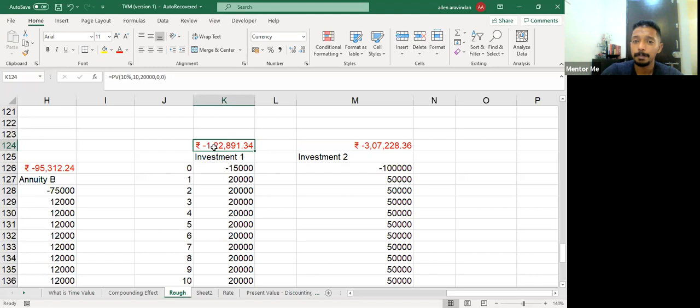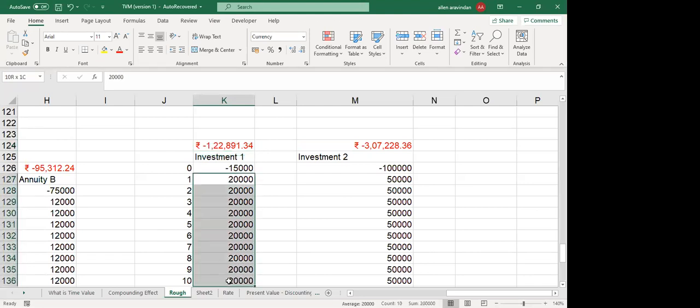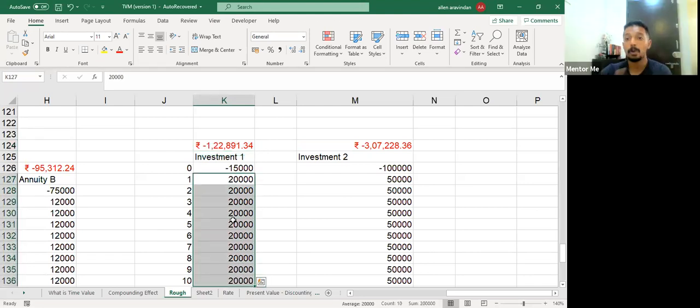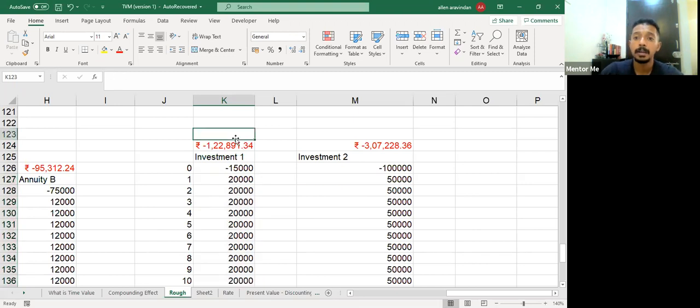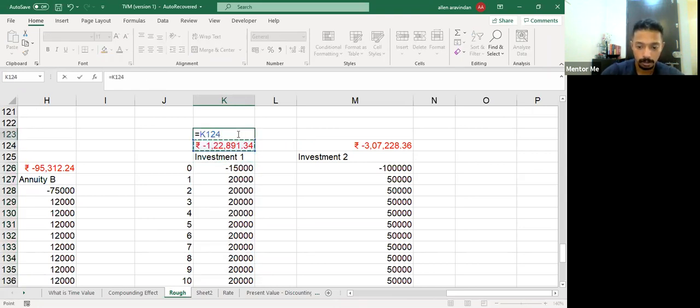This is the value of the money that I'm going to receive, but I also invested, right? So what is my net present value? Because this is only considering the 20,000. It is not considering the investment. So let me reduce this with 15,000.